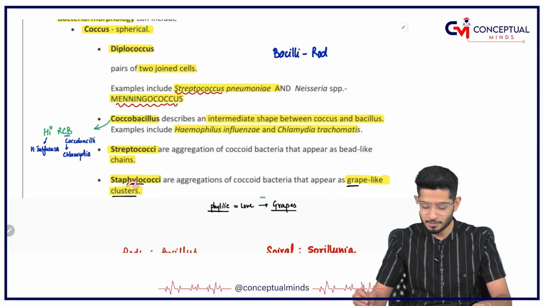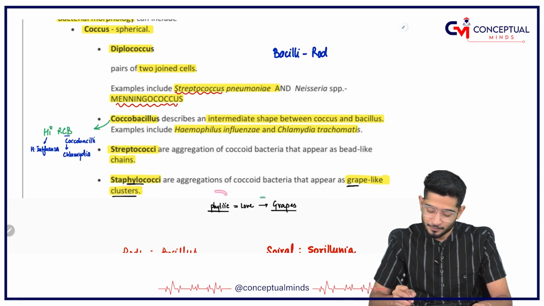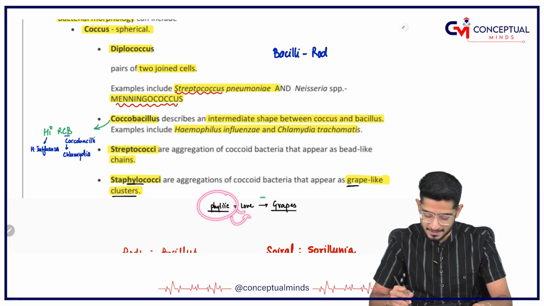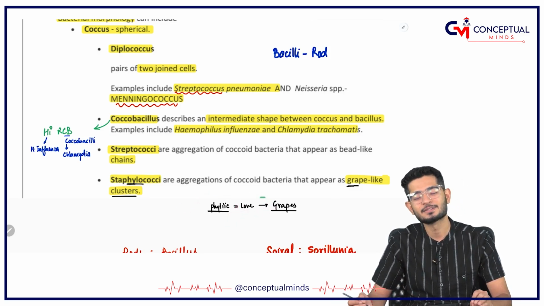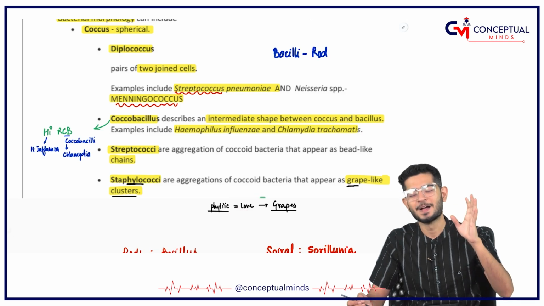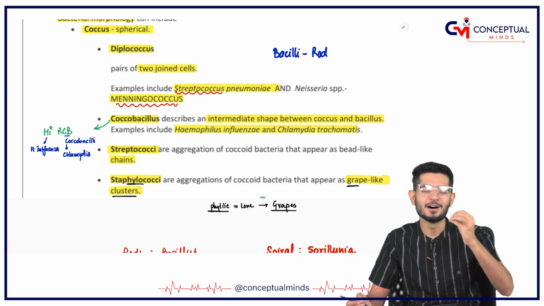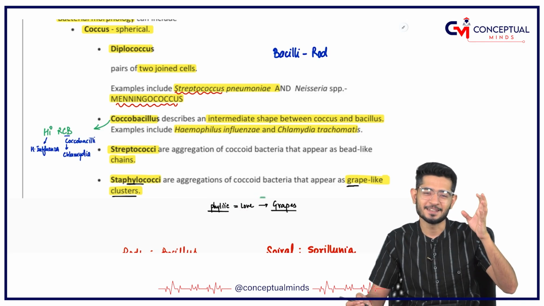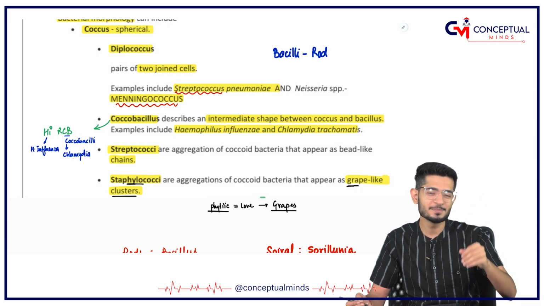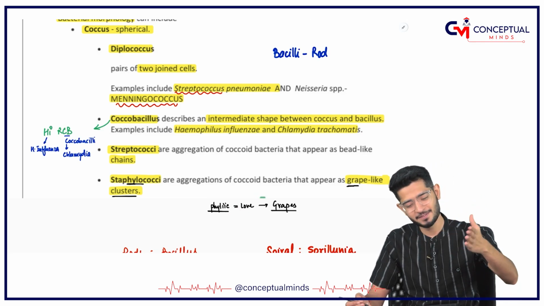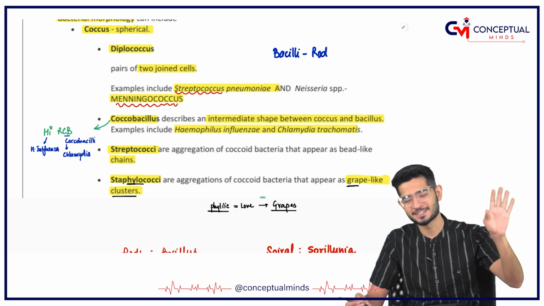How to remember? The word phyle is coming in Staphylococcus. Phyle in the literal sense means love, and everybody has a beautiful love for grapes. So Staphylococcus loves to be in a cluster just like a bunch of grapes, and Streptococcus loves chains.